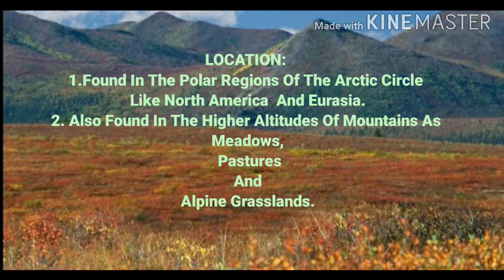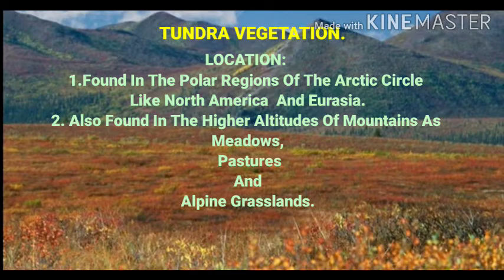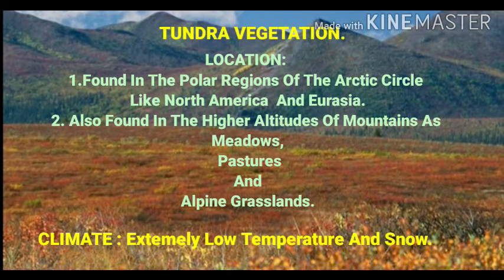Children, there are certain polar regions lying towards the north of the Arctic Circle, like the polar areas of North America and Eurasia, and also the areas of higher altitude of mountains such as meadows, pastures, and alpine gardens, where extremely low temperatures and snow restrict the growth of plants. Despite this, certain types of plants and trees are found in the tundra region.